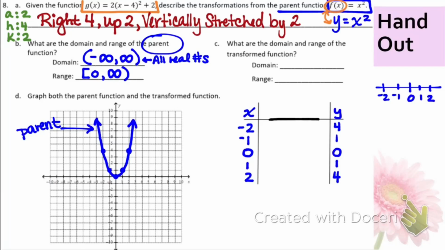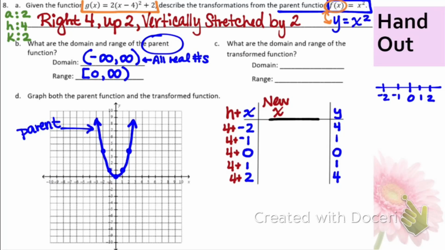Which thing is affecting left and right? Right 4, my h value. If I'm going to shift things to the right, would I add or subtract? Add. I'm going to add my h to all of these. So I'm going to add 4 to all of these. That's going to give me my new x's.